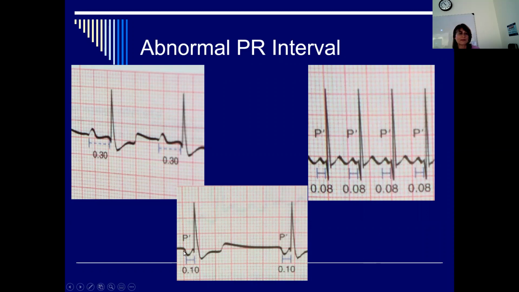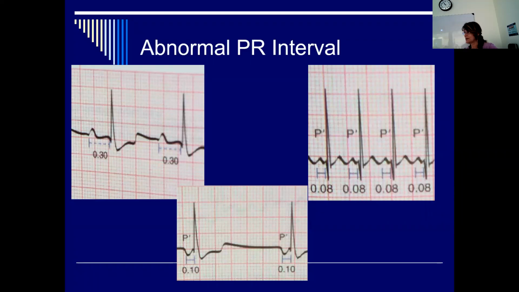And then for the upside down P wave, why would it be upside down? Yes. So it's upside down because the conduction began close to the AV node and then spread upward throughout the atria.